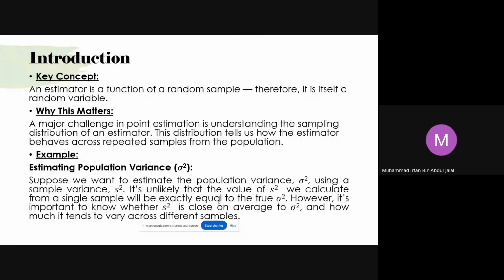These are the things that I introduced just now, the key concepts and why this matters in statistics. As an example, if you want to estimate the population variance, or your population's dispersion parameter, we usually use a sample variance that we calculate using the usual formula you learned previously in descriptive statistics.